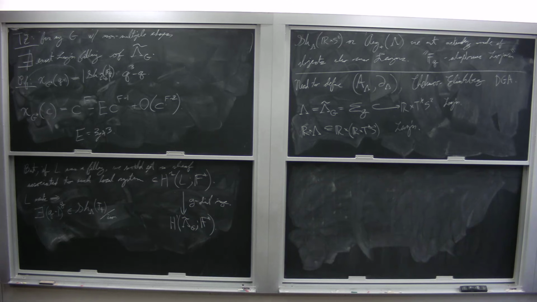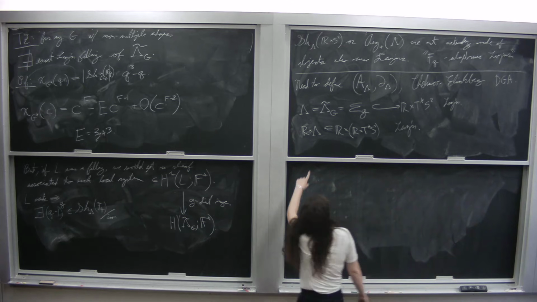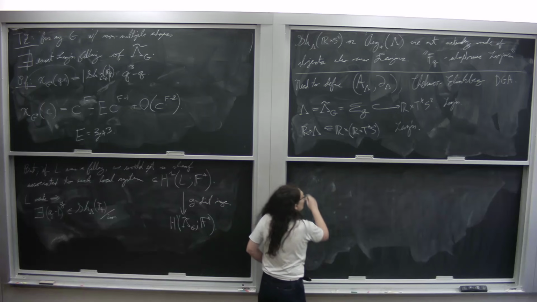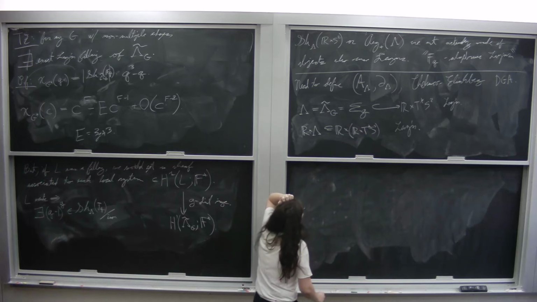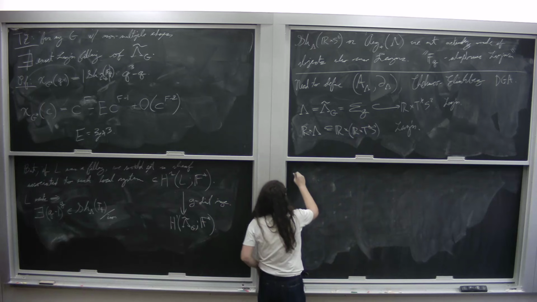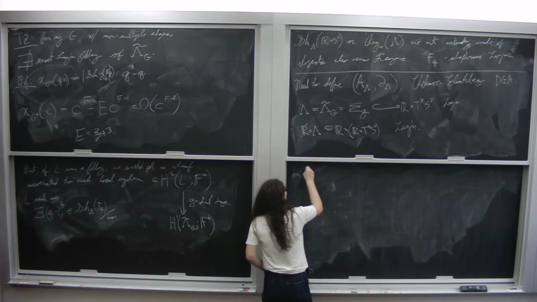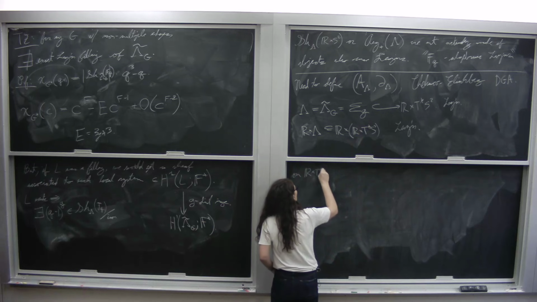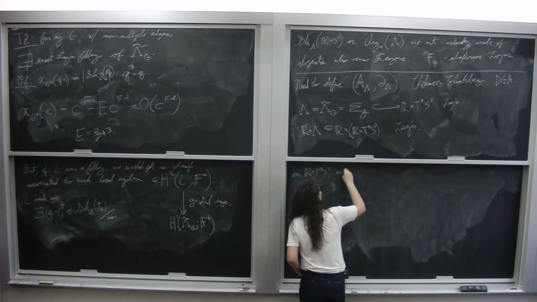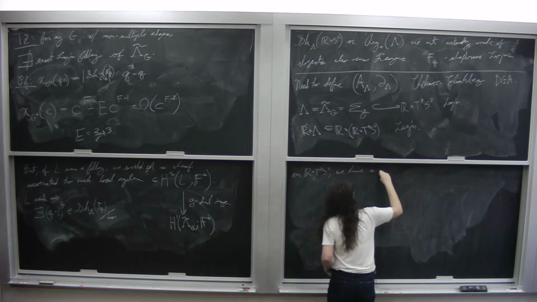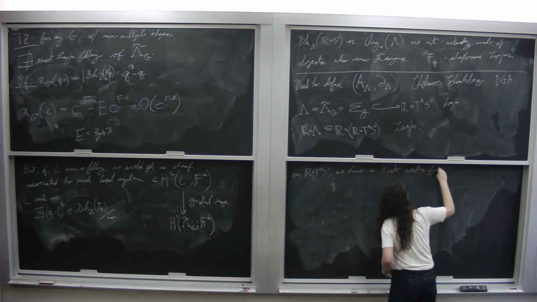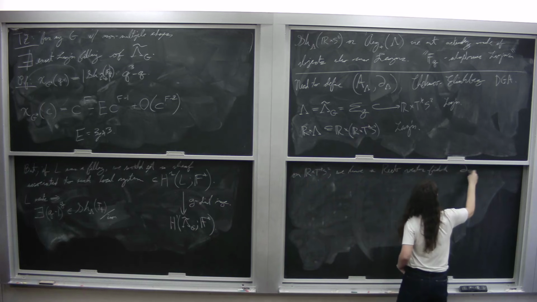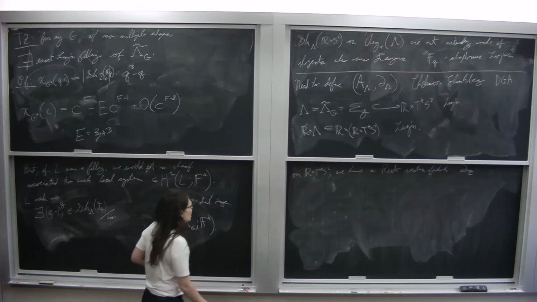So first I'll say that we have this, but now I'll say on R cross T star S2, we have a Reeb vector field, which is just del Z in this case.